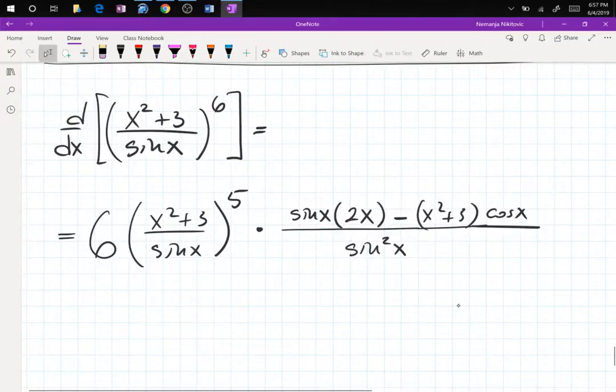I just want to say, I took calc in high school, and she taught it by saying low d high minus high d low over the square of what's below. If you have trouble memorizing. I don't, but that might be very helpful. Would you like to perform it? Can you say it louder so everyone can hear? Low d high minus high d low over the square of what's below. So this would be high, this would be low, and it also is below. Low, denominator. D high, the derivative of the numerator, minus high, the numerator, d low, the derivative of the denominator, over the square of what's below.